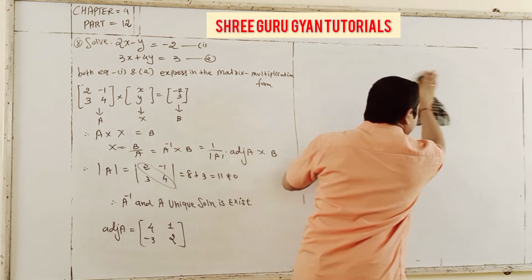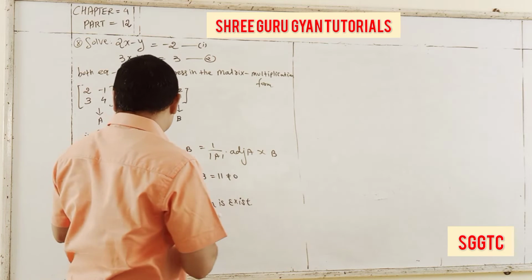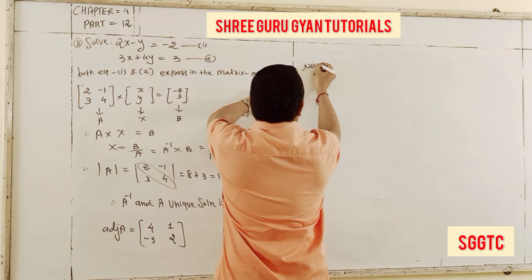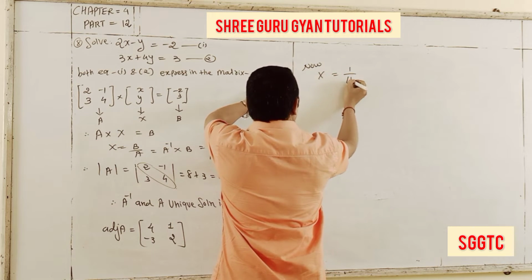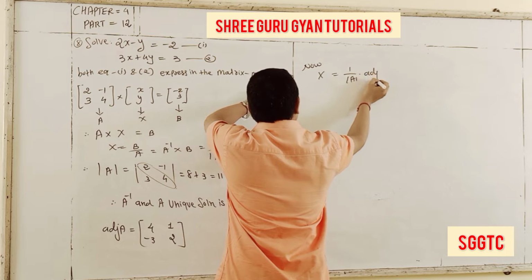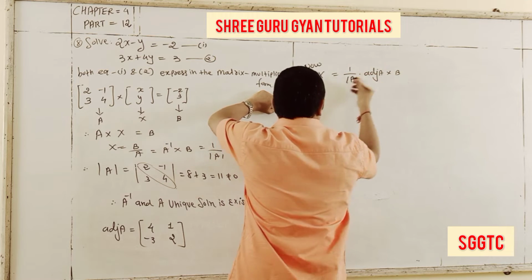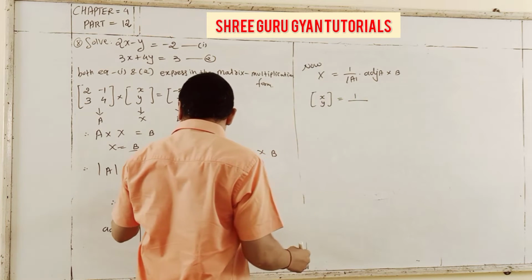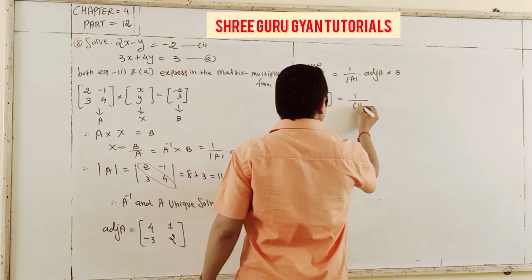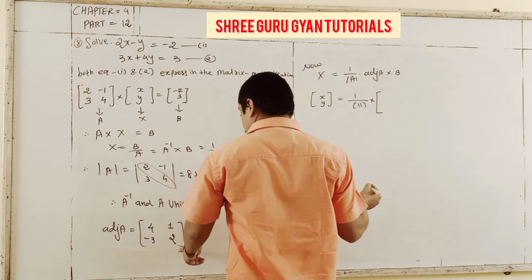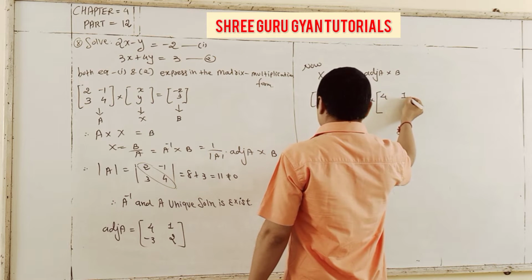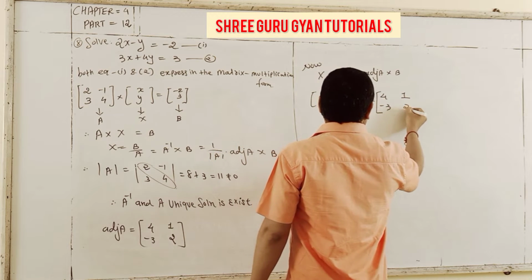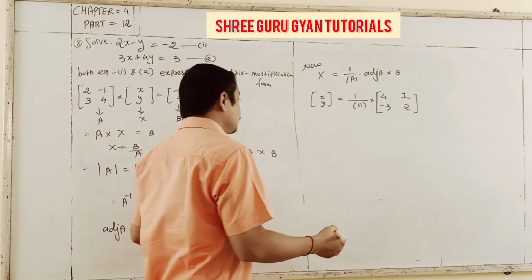So it should be x is equal to 1 upon determinant A times adjoint of A times B. Determinant A is 11 only. Adjoint of A is 4, 1, minus 3, 2.